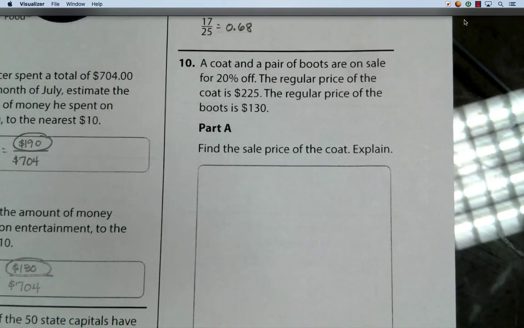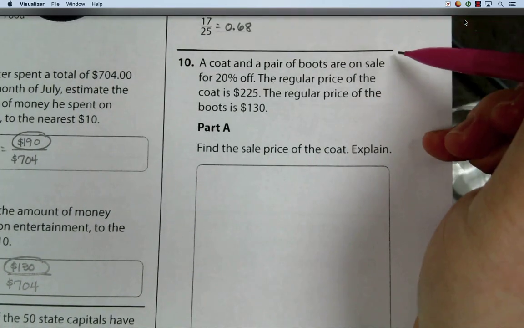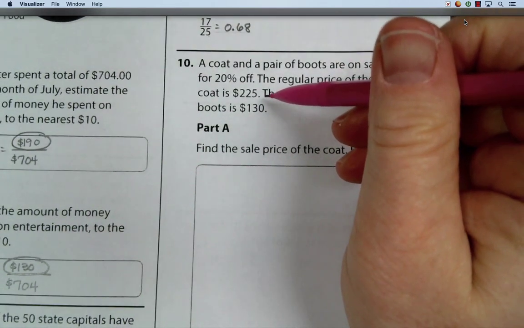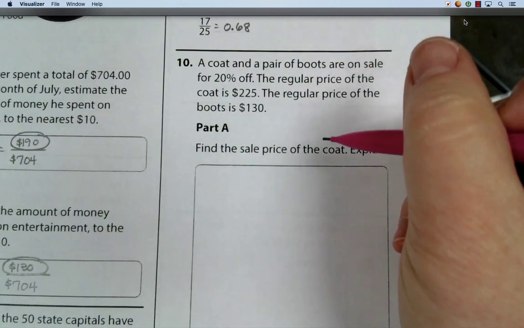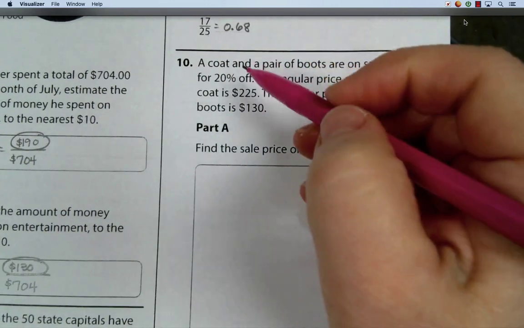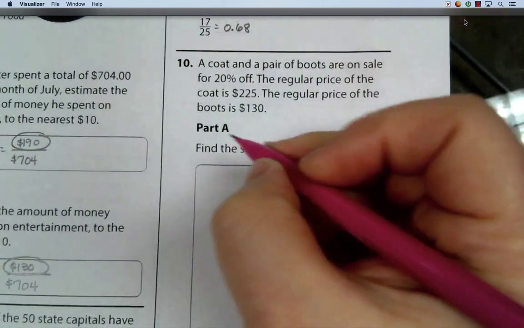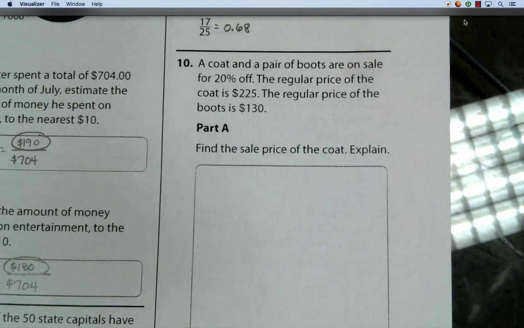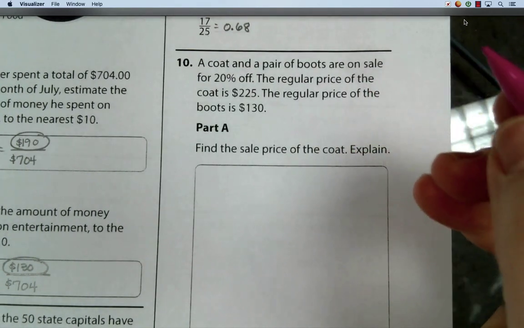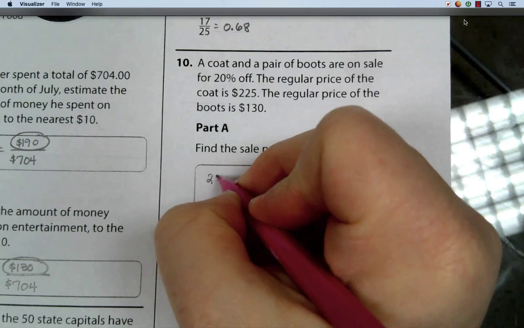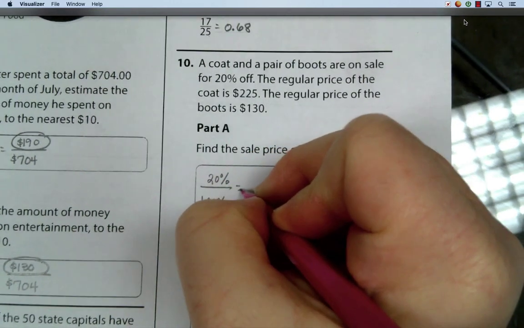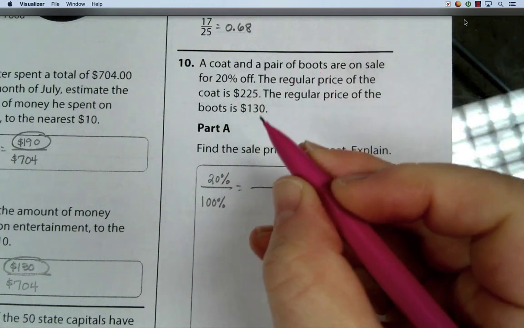You come up here. Okay, so my coat and my pair of boots are on sale for 20% off. The regular price is $225. Okay, so let's start with that. Now, you want to do percent of this, right? Yes. So you want to say 20%. However, if you want to know how much it costs, well, I'm going to do both to save you a step though. 20% over 100%, okay? And I know my total is $225.